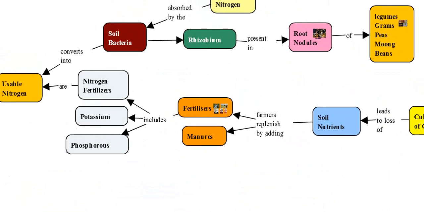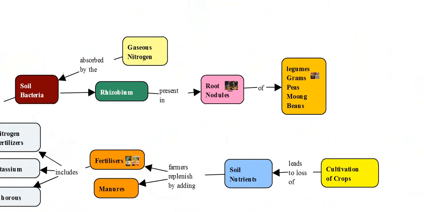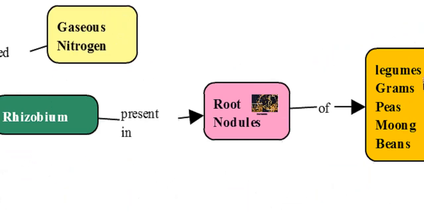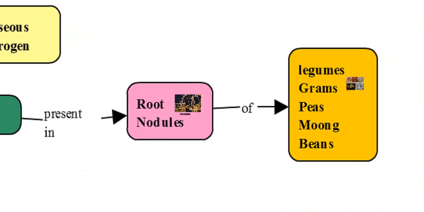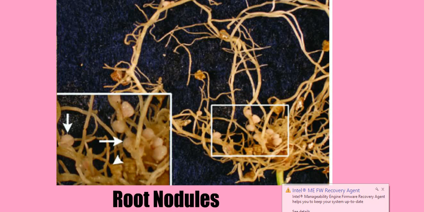usable nitrogen. Soil bacteria like rhizobium are present in the root nodules of legumes like grams, peas, mung, and beans. You can see white arrow marks pointing at the root nodules.